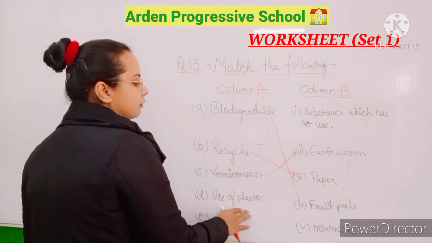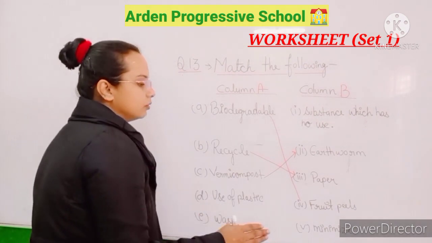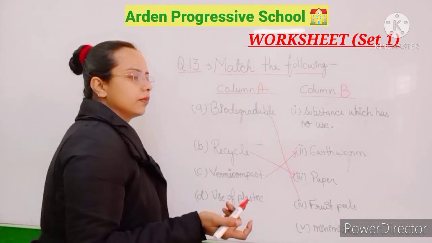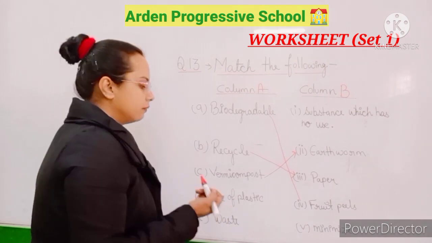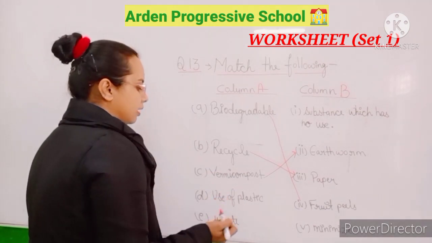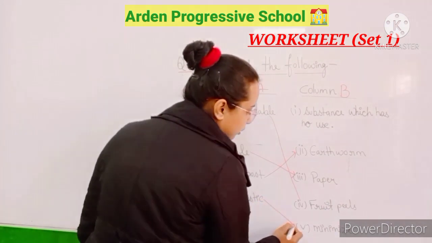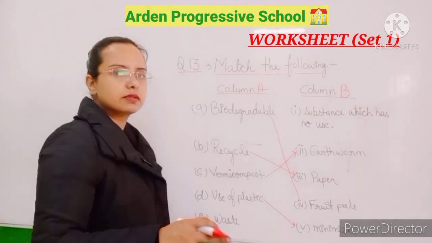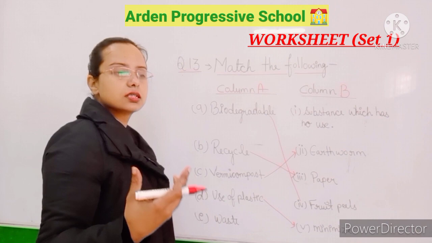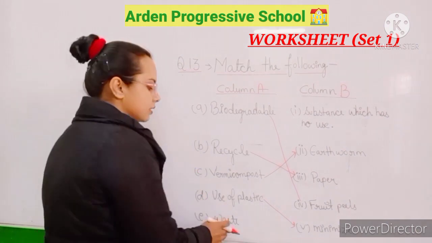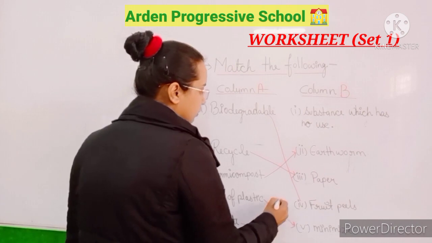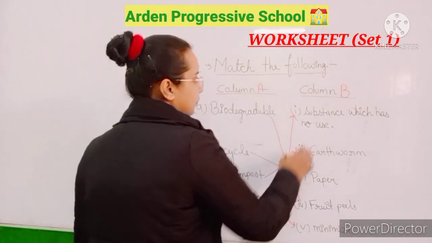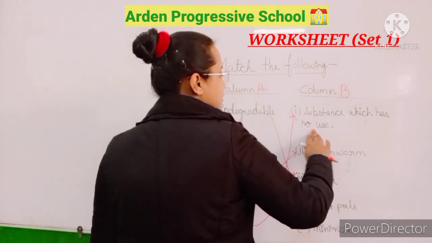Now the next is the use of plastic. We should minimize it as it is hazardous, and it is a non-biodegradable waste. So this will go with the fifth one. Now the last is waste. What is waste? It is a substance which is not used, which has no use. So the last will go with the first option.